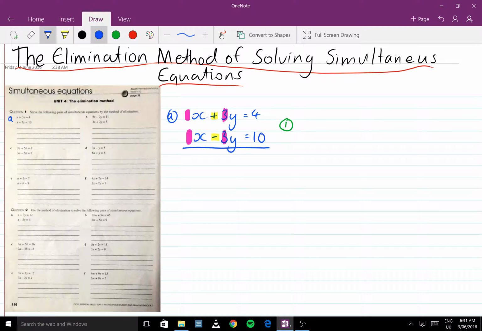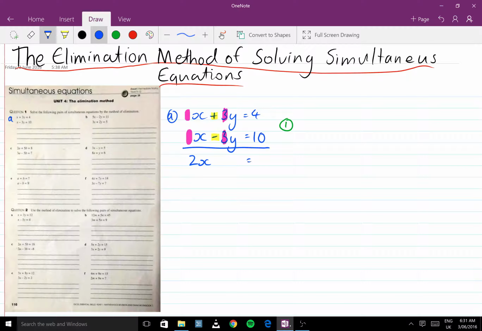When I add my x and x, I get 2x. When I add my 3y and then take away 3y, they cancel. They go away, they eliminate. That's the elimination method. So I've got nothing there because they've been eliminated.